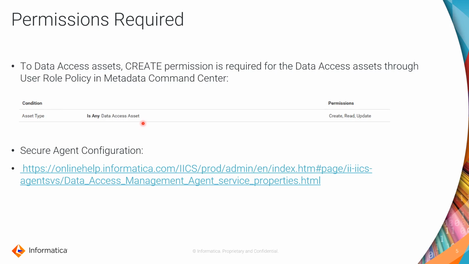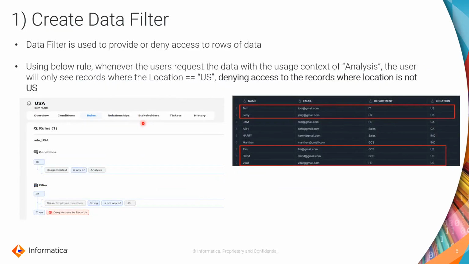So let's move ahead. First is to create the data filter. Creating a data filter is used to provide or deny access to rows of the data. Let's take this as an example. In this screenshot, we can see that we have created a data filter where we specify that wherever the class is employee location and the string is not any of US, then deny access to these records.